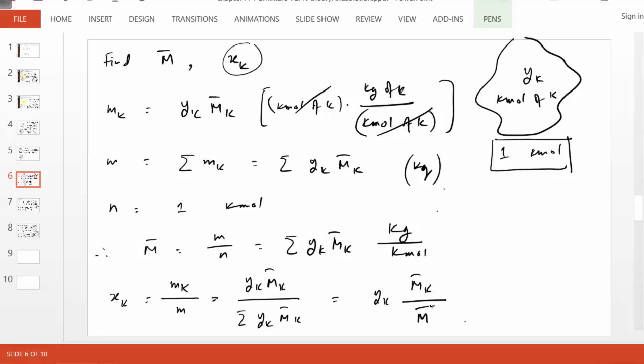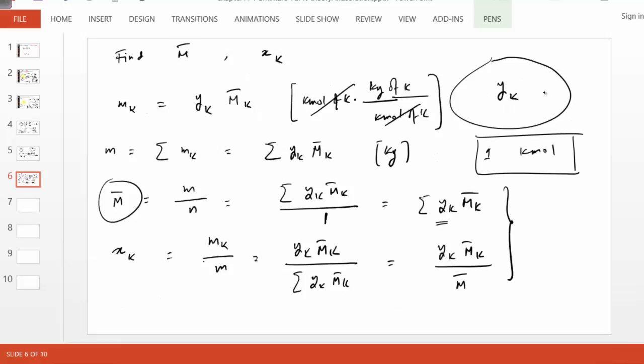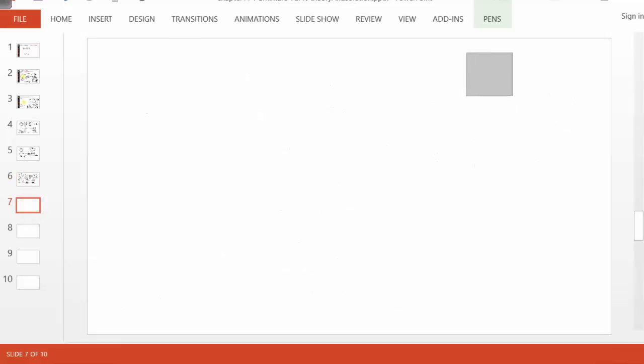Now we can solve the reverse problem of calculating yk from given xk's. Suppose a mixture is given in terms of mass fractions, then we begin with 1 kg of the mixture.